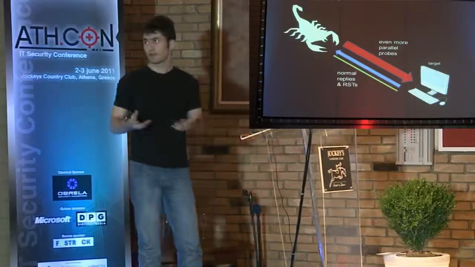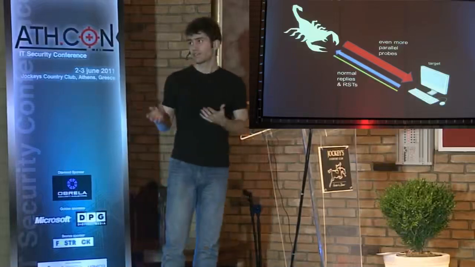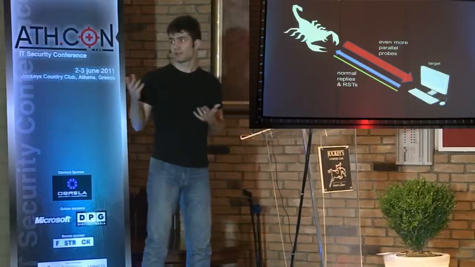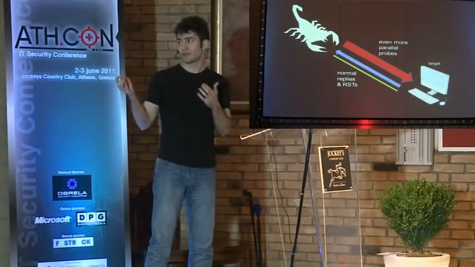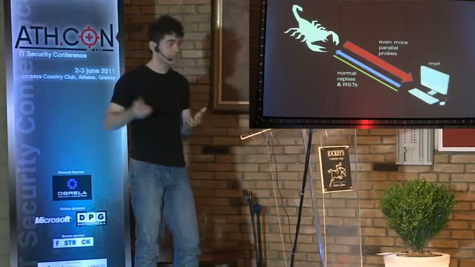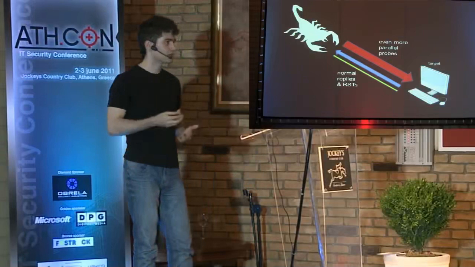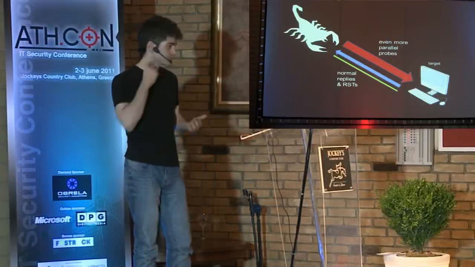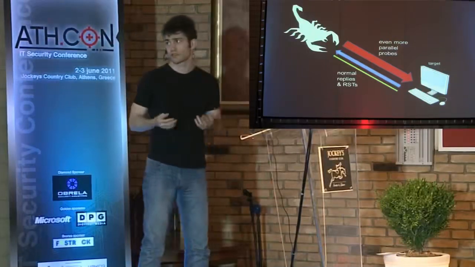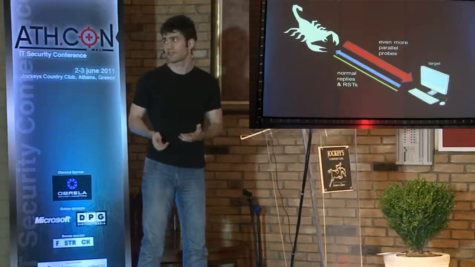But after a while, we might see that the normal replies are also accompanied by resets. So something is astray here. The target obviously can't really have so many connections, so it starts responding with resets.